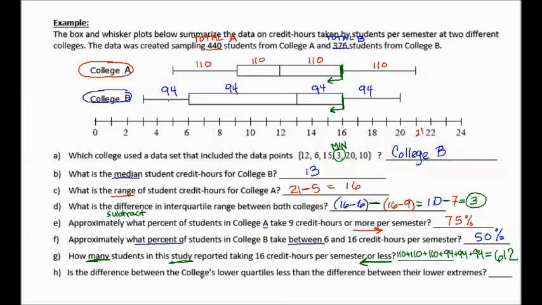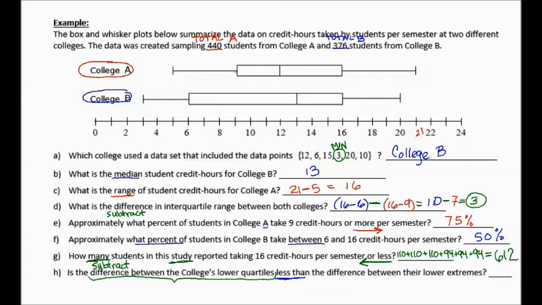The last part. Is the difference between the colleges' lower quartiles less, in other words smaller than, the difference between their lower extremes? Well, first, let's find what the difference between the colleges' lower quartiles is. Recalling that difference means subtract, I'm going to find the lower quartiles for each one.